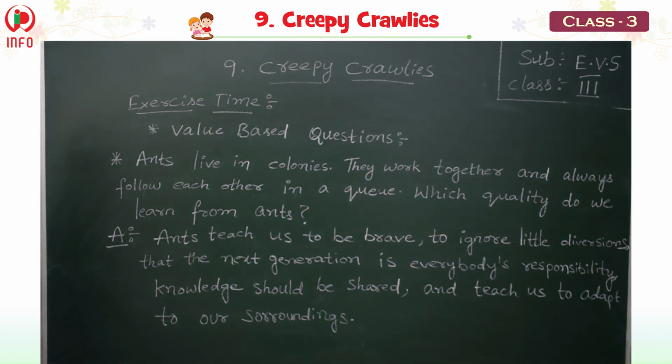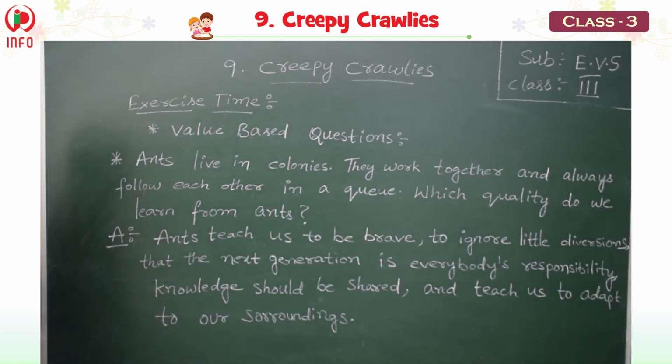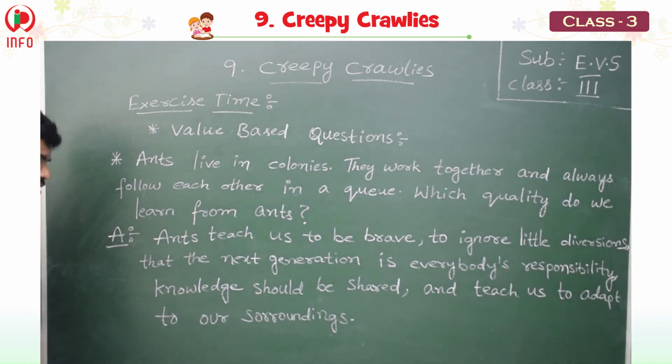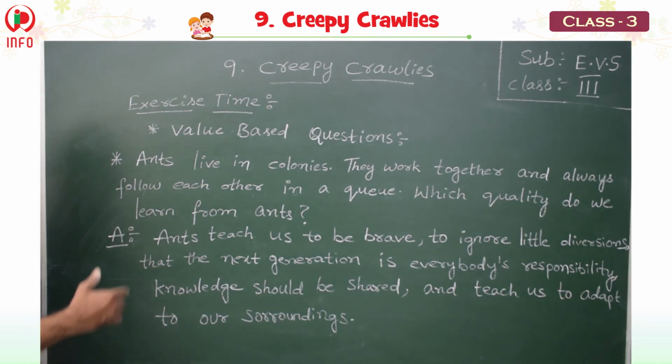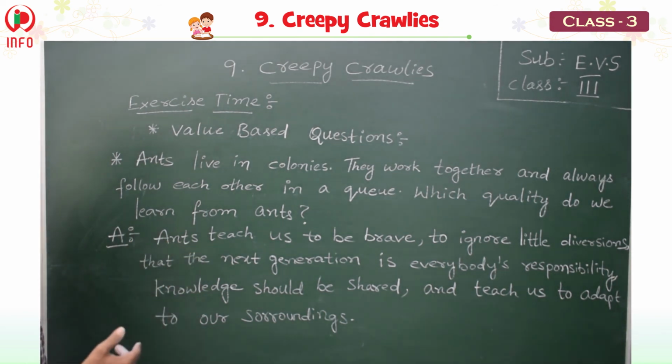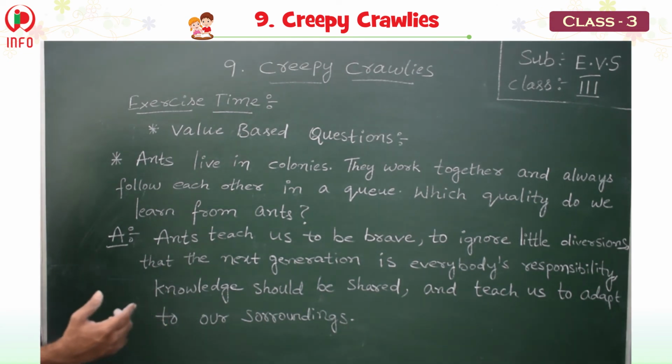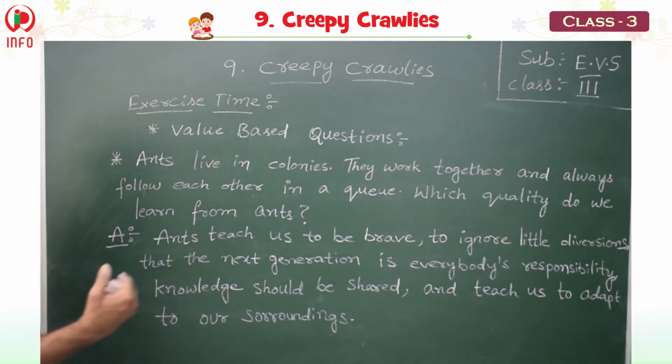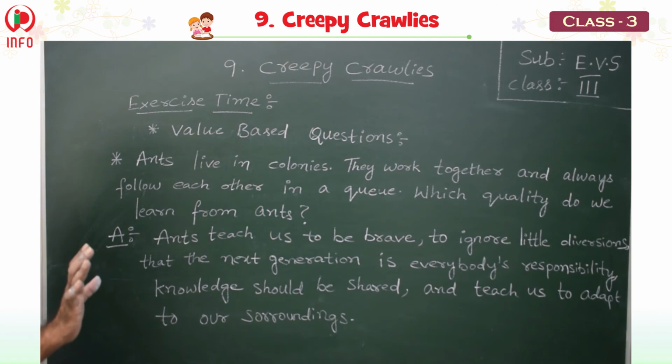Answer is ants teach us to be brave. We should not fear, we should be brave. And to ignore little diversions. See children, from the ant we should learn discipline. If any diversions come in the middle, we should ignore them, we should leave the diversions.